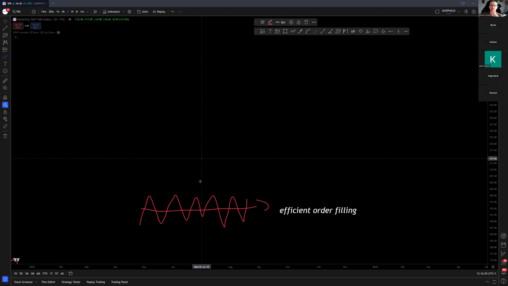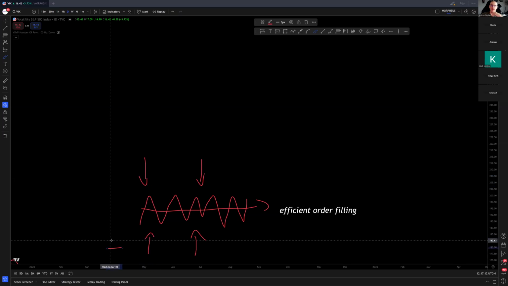Because what happens in these phases of the market is that there's an overall equal force between aggressive sellers, aggressive buyers, passive buyers, and passive sellers.